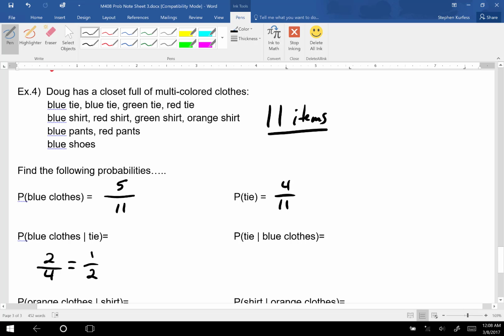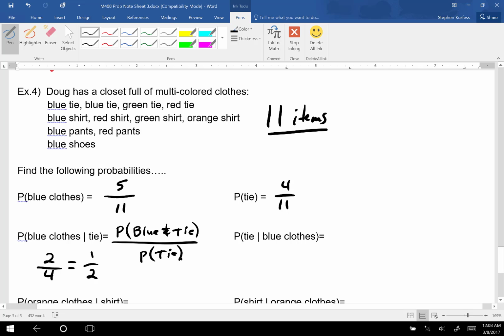Do you guys agree the probability of picking blue clothes given that you picked a tie is the probability of blue and a tie divided by the probability of a tie?